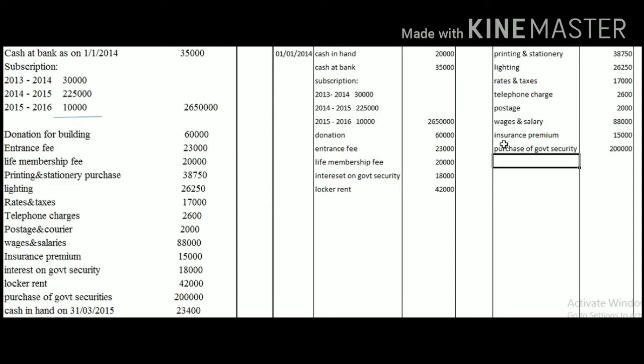So almost the payment side is over and the receipt side is over.